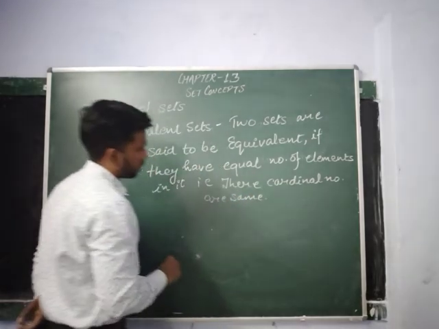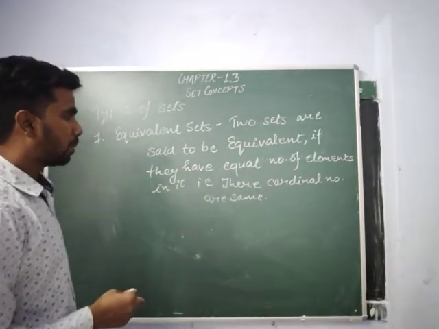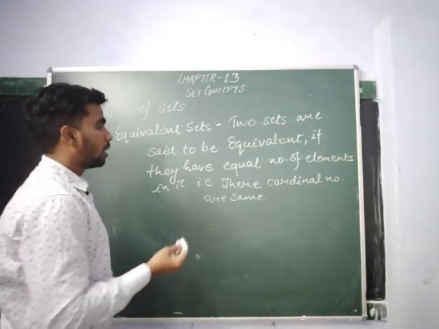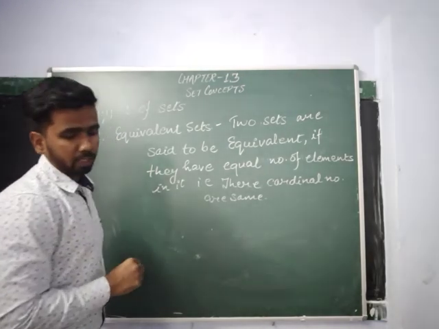Cardinal numbers are same. And what do you mean by cardinal number? Cardinal number is the number of elements contained in a set.